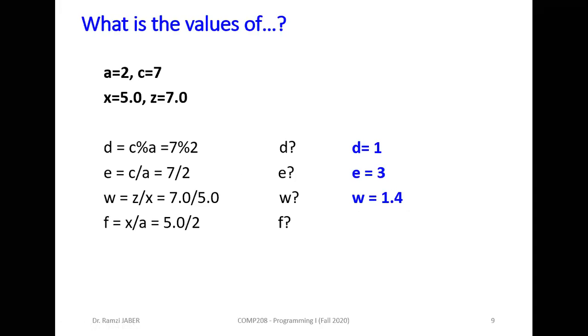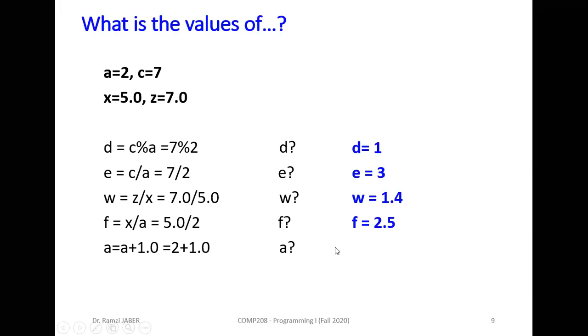What is the value of X over A, which is 5.0 over 2? Float over integer will give us a float. 2.5. Bravo. Good.